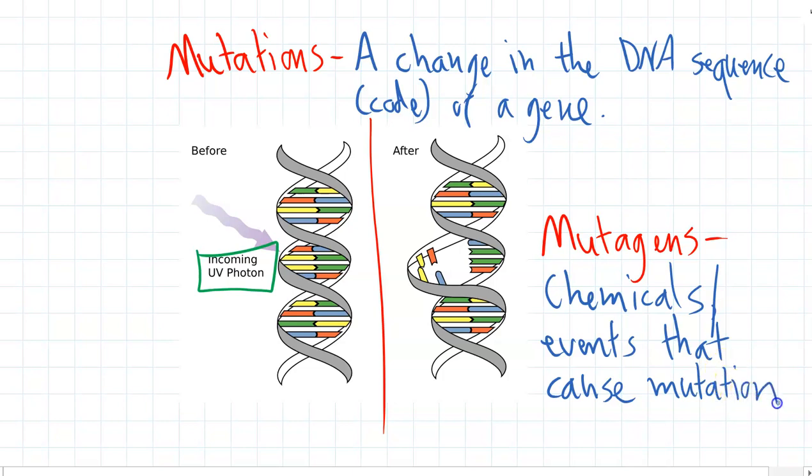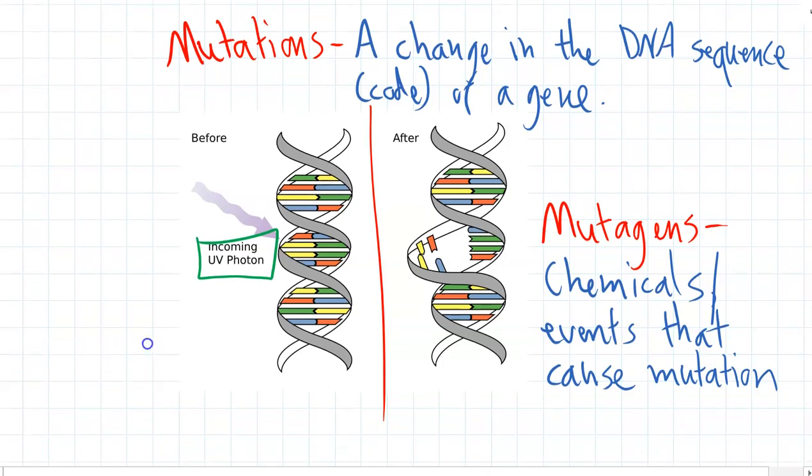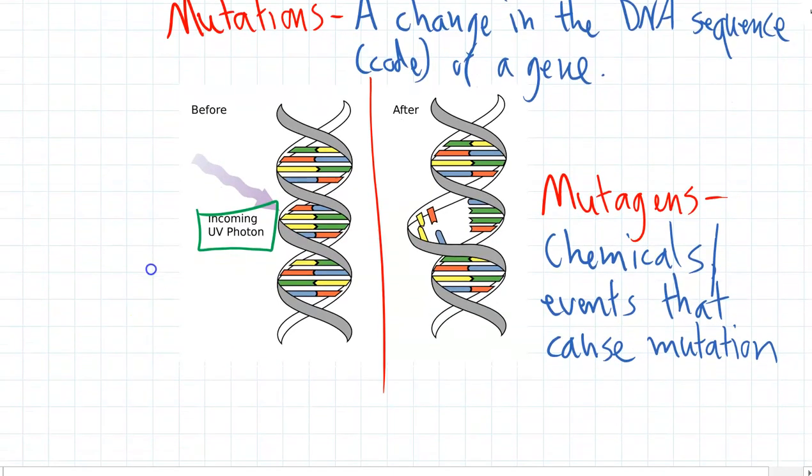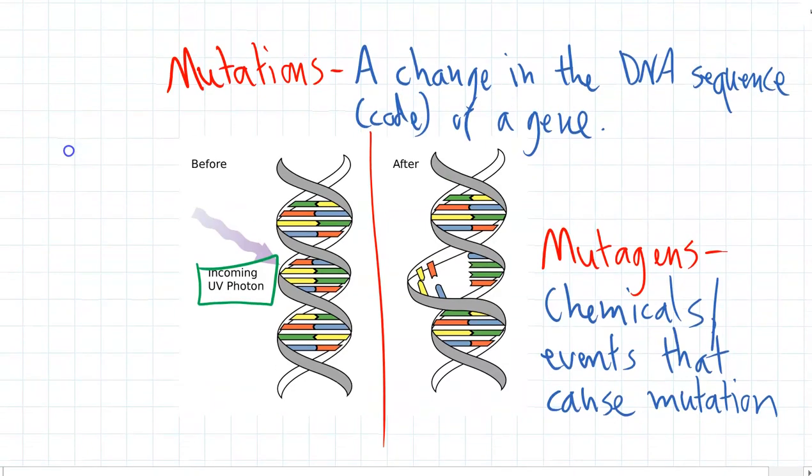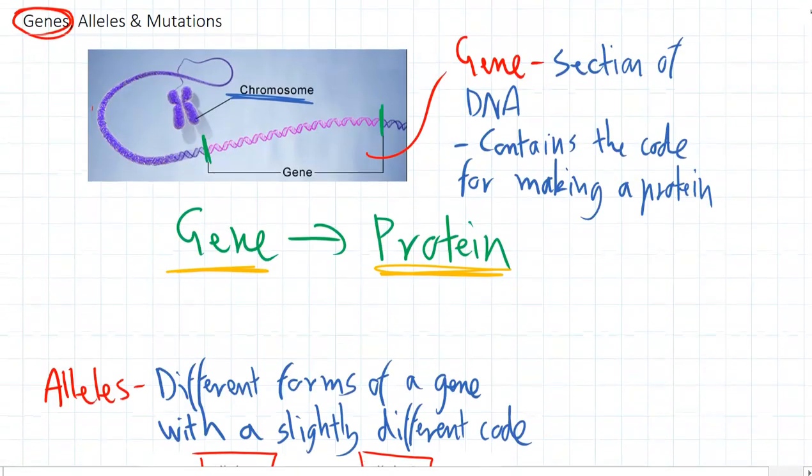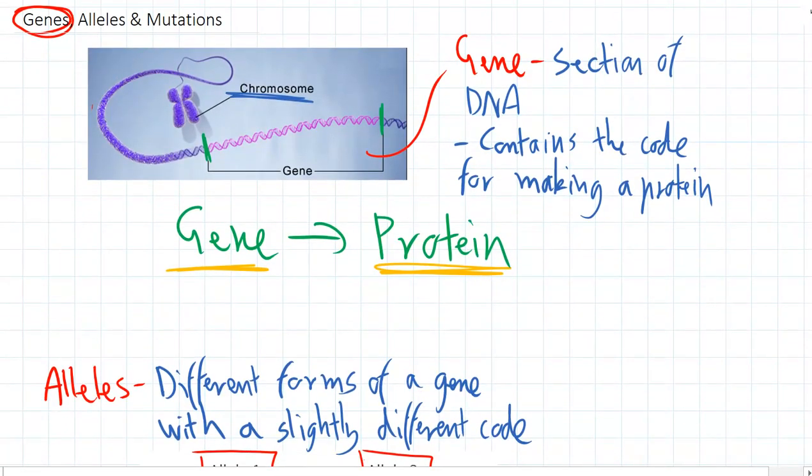And often these mutagens also cause cancer, and so we call them carcinogenic. Okay, so that's the important concepts of genes, alleles, and mutations.